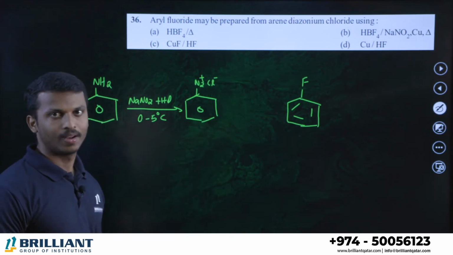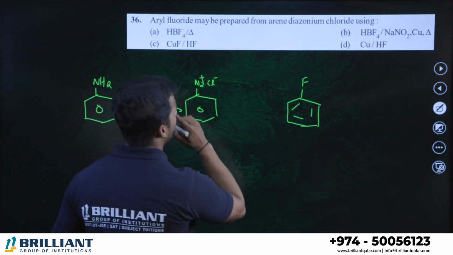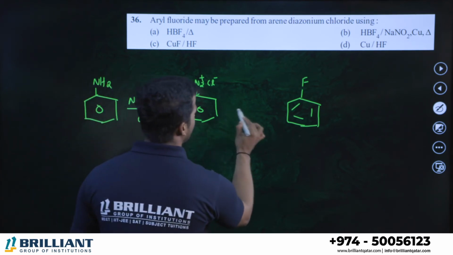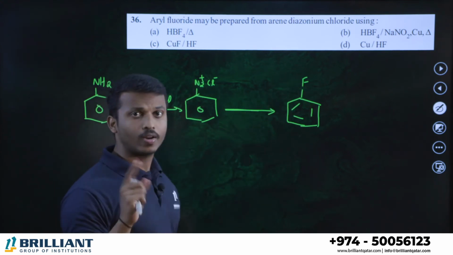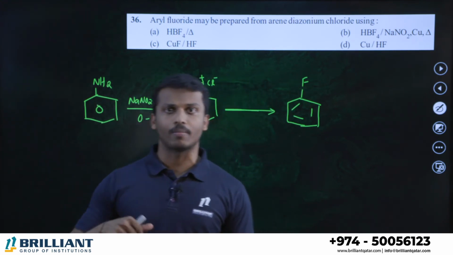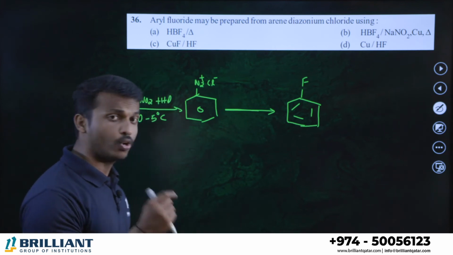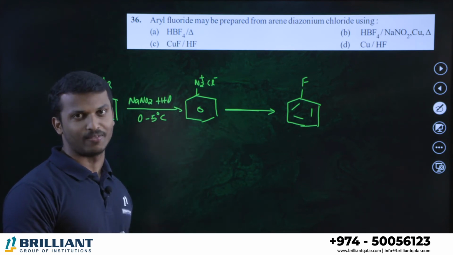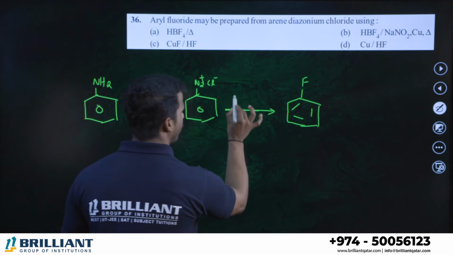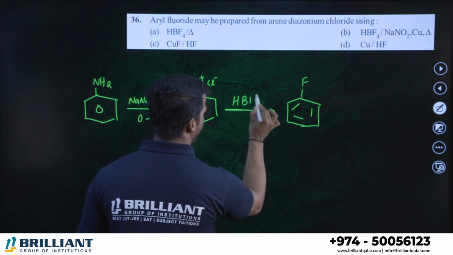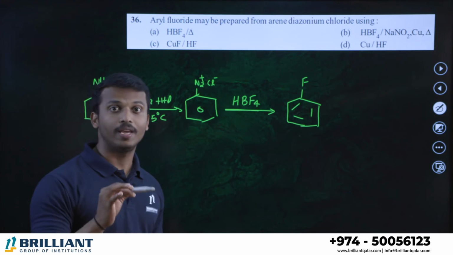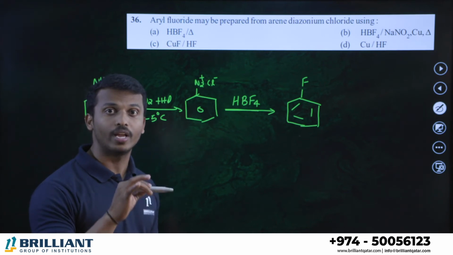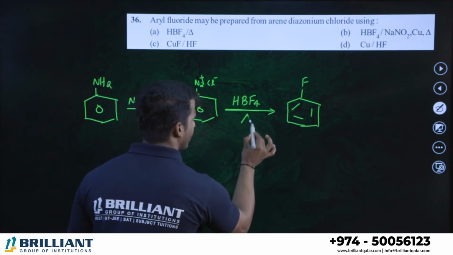Diazotization done. After that, we want to get fluorine. If you want to get chlorine, we do Sandmeyer, Gattermann, such kind of reaction. If you want to add fluorine, what is the reagent we use? We use HBF4, that is called fluoroboric acid, then heating.